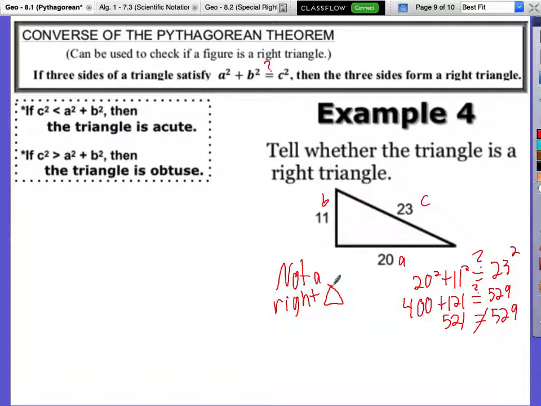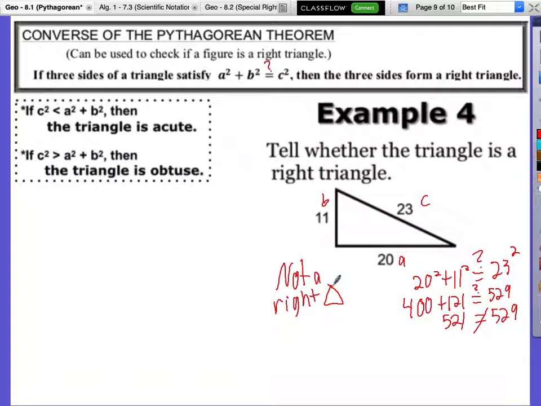We said the smallest angle is across from the smallest side, the biggest angle is across from the biggest side. So here, if this angle got bigger than it should be, if c squared is bigger than it should be for this to work, then it's going to be obtuse. If c squared is greater than a squared plus b squared, it's obtuse. Whereas if c squared were to be smaller, which is not on this one, this side is smaller, then it's acute.